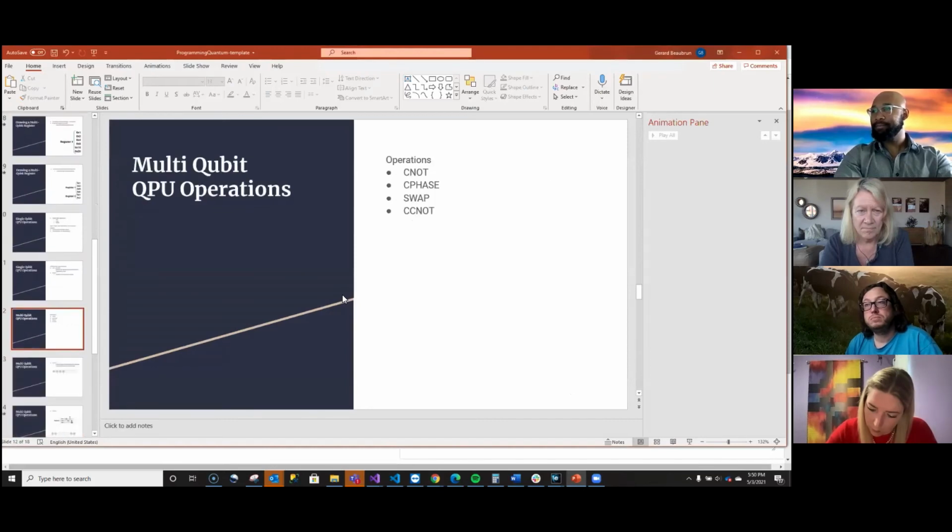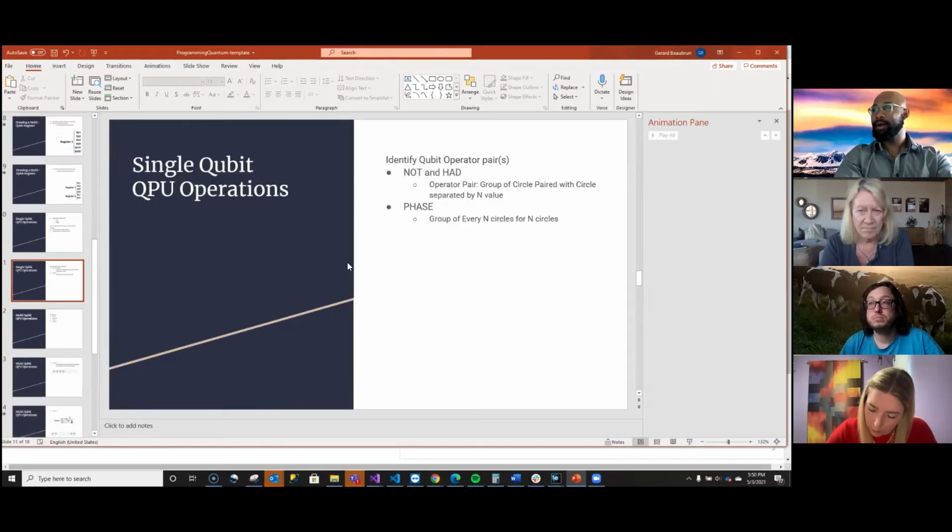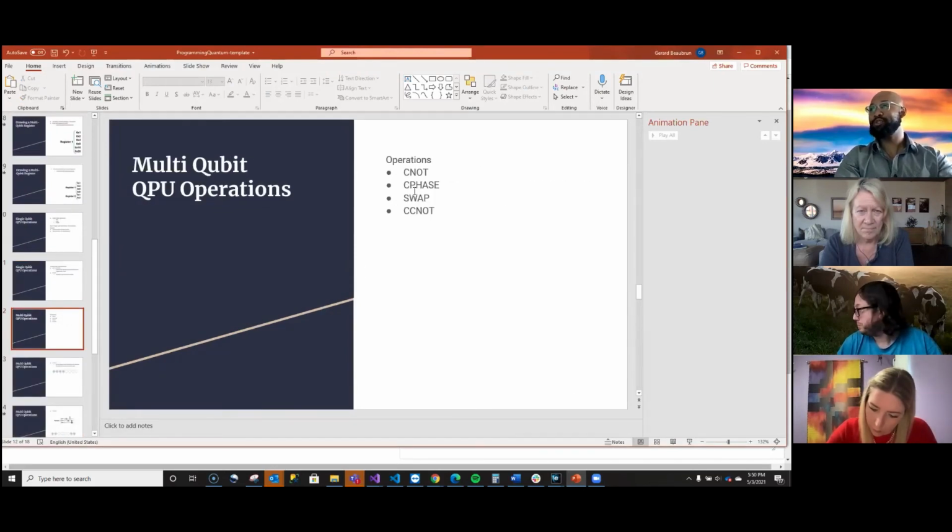Now we are going to head into the multi-qubit operation. And of course, by multi-qubit operation, I mean the ones that require more than one qubit to operate on.